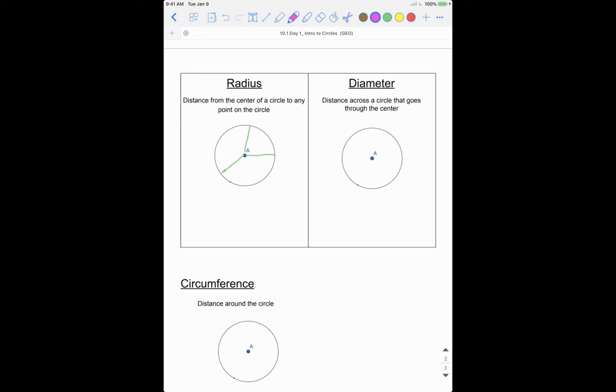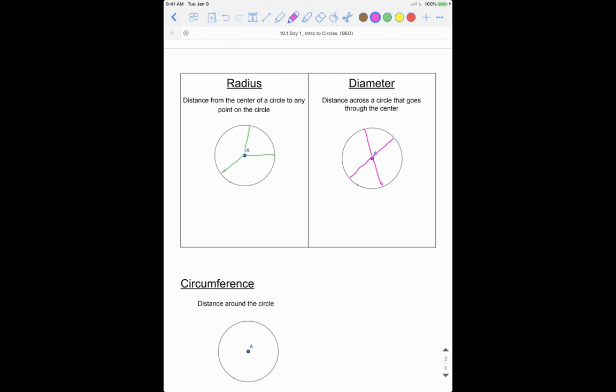Next, we have our diameter. Our diameter is the distance across a circle that has to go through our center point. Right, so we went from one side of our circle to the other and we crossed through our center point. So that is our diameter, right? We could go any direction as long as we cross through the center. So we've got multiple different diameters, but they should all still be the same length.